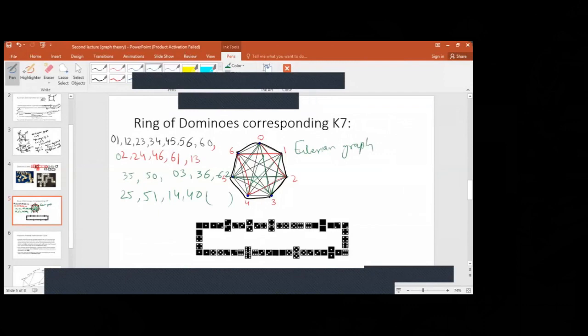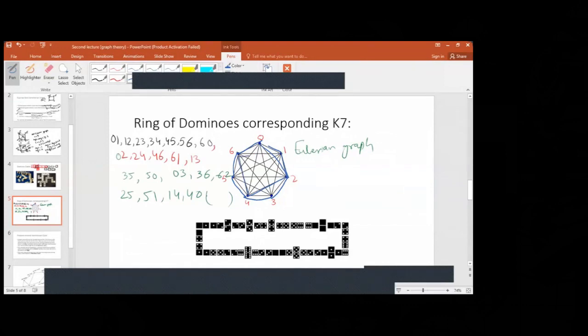Let me tell you again how I can move. I start from 0, 0 to 1, 1 to 2, 2 to 3, 3 to 4, 4 to 5, 5 to 6, 6 to 0. Then I move from 0 to 2, 2 to 4, 4 to 6, 6 to 1.